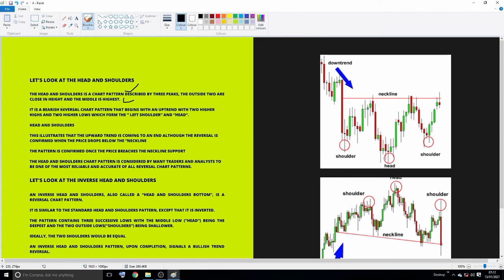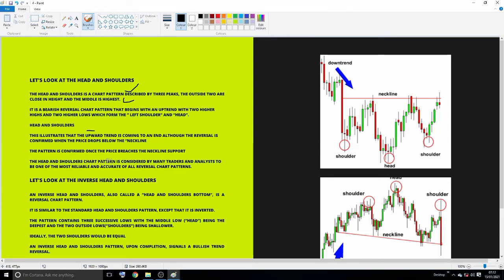It is a bearish reversal chart pattern that begins with an uptrend with 2 highs and 2 lows, which form the left shoulder and the head. This illustrates that an upward trend is coming to an end, although the reversal is confirmed when the price drops below the neckline. The pattern is confirmed once the price breaches the neckline support.